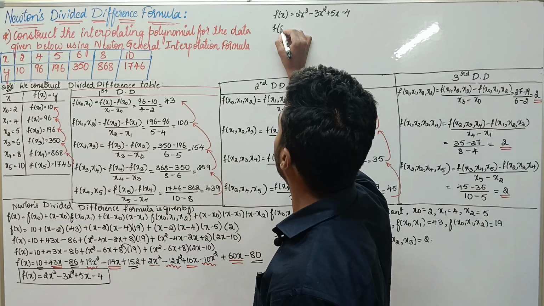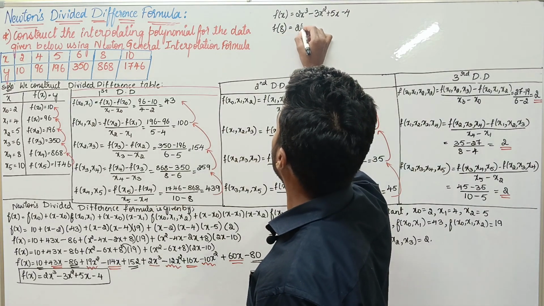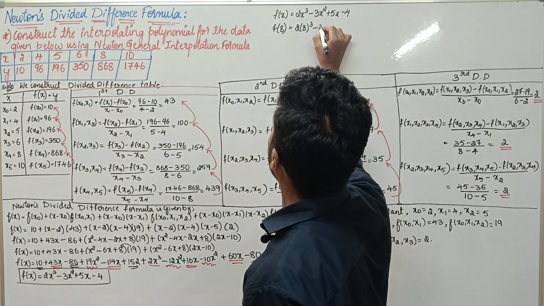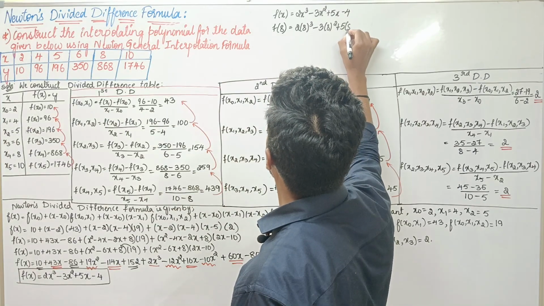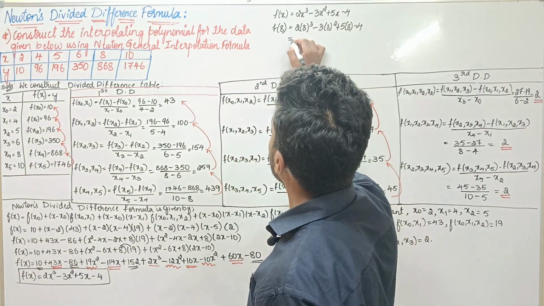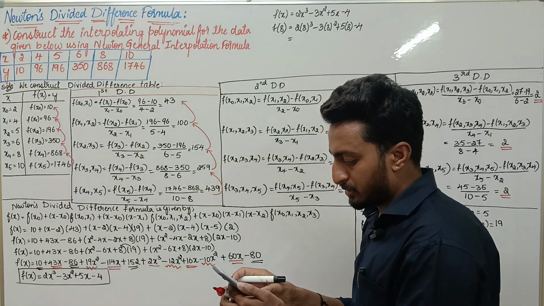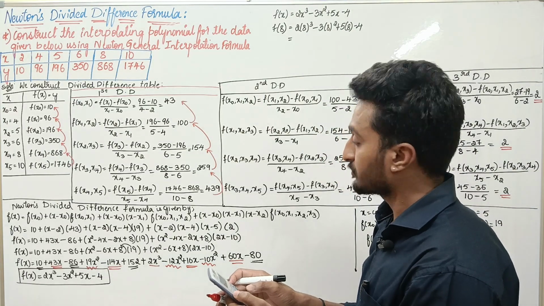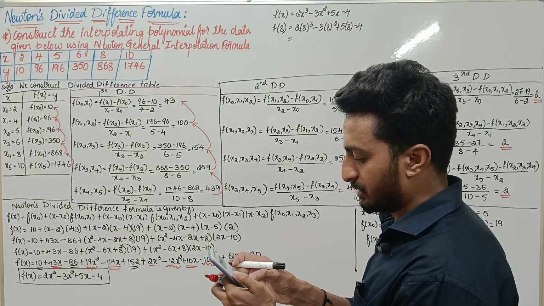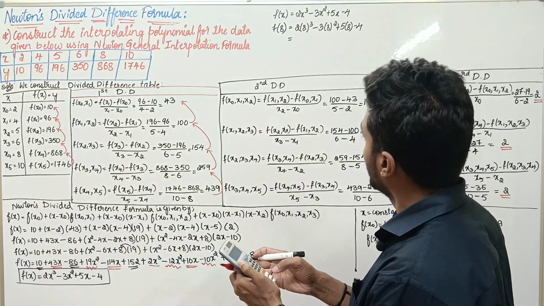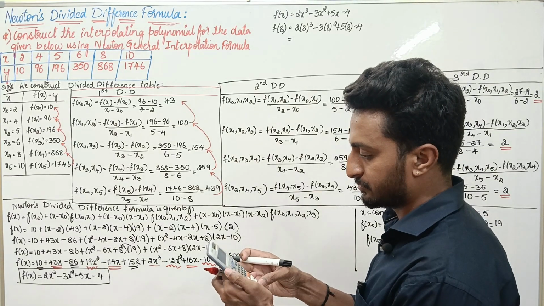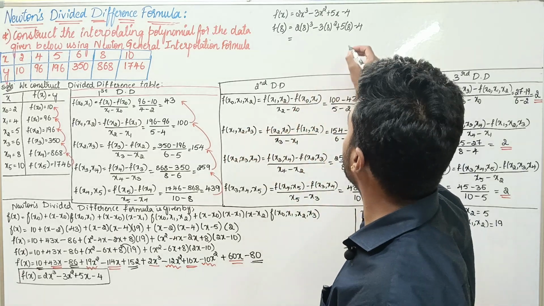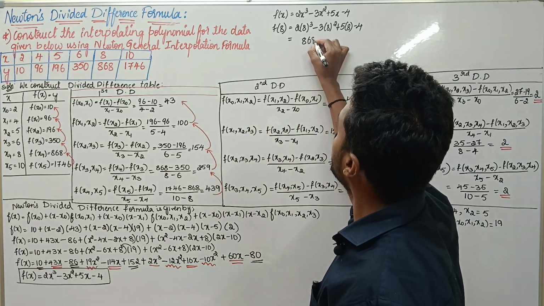I have 8, that is 2 into 8 cube minus 3 into 8 square plus 5 into 8 minus 4. You get 868.